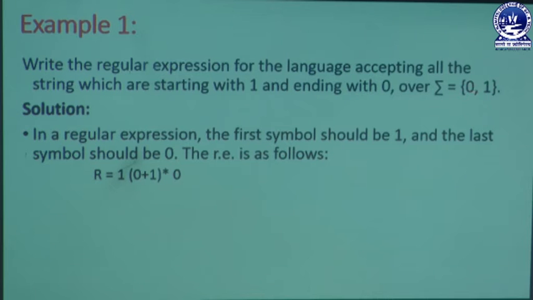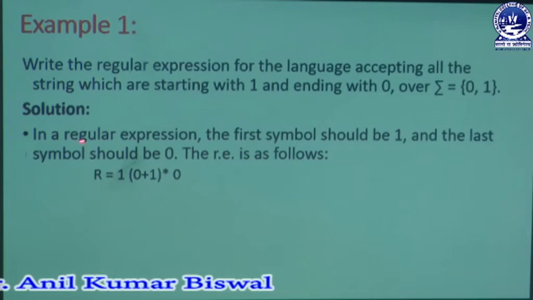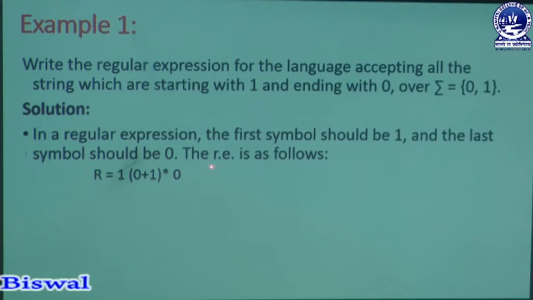By taking 0 and 1 we gather more than one expression in the regular expression. The first symbol should be 1 and the last symbol should be 0, because this is already stated in the question. So the question asks for the regular expression for the language accepting all strings.